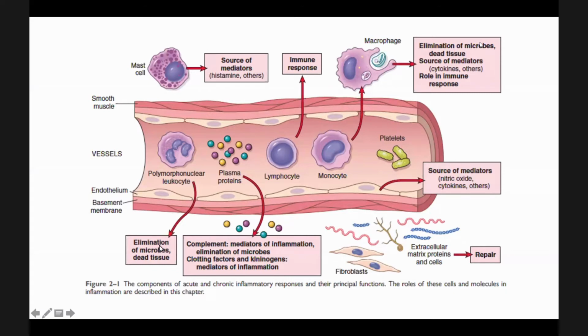The ultimate end product will be the elimination of microbes and dead tissues. Sometimes plasma proteins come in the form of complement, and there is ongoing initiation and propagation of inflammation with the help of mediators like nitric oxide and cytokines.